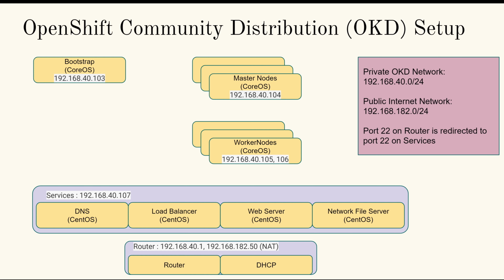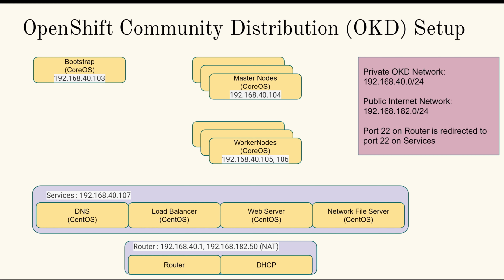So to make this cluster available on the public network, I have a router system also in place, and that router is a CentOS machine. It has two network interfaces in it, one on the private network and one on the public network. Their IP addresses are also listed at the bottom.